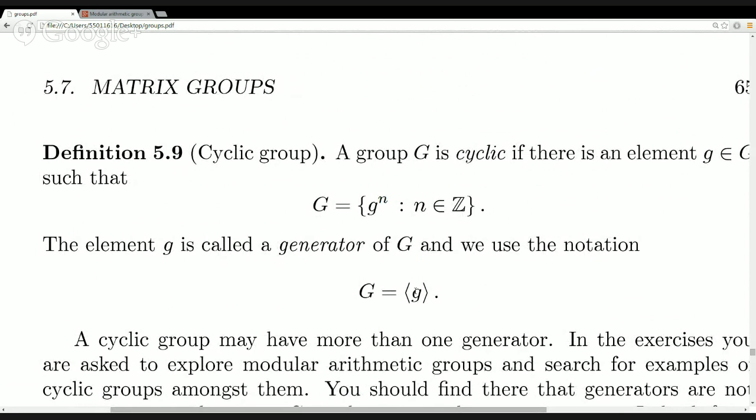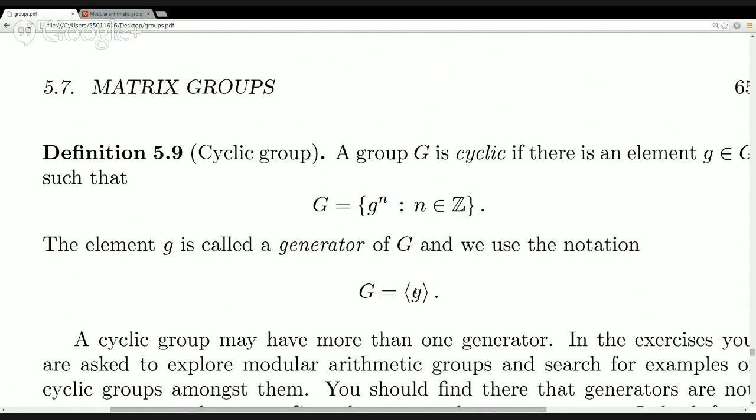Now, in the special case of finite groups, for a finite group G, G is cyclic if there exists a special element in it, which is going to be the generator. Now, for finite groups, you only have to consider the positive powers of the elements.